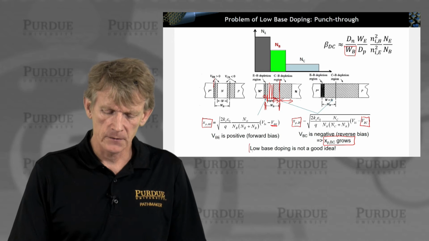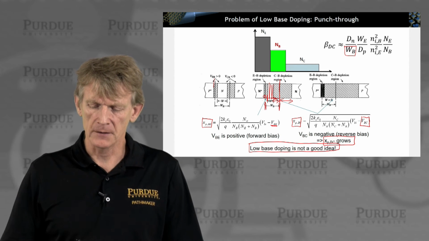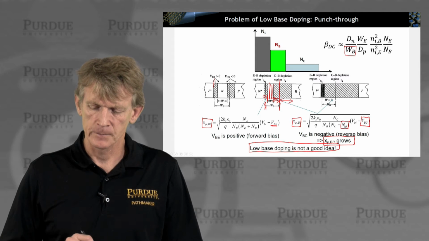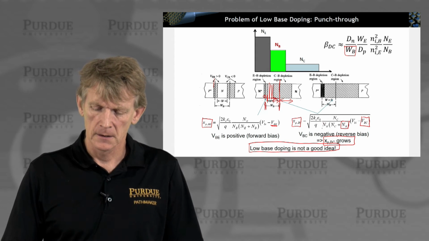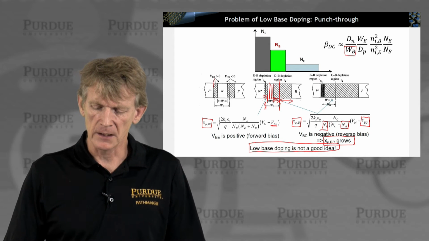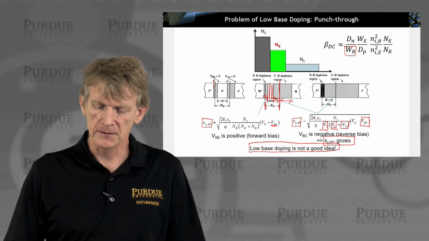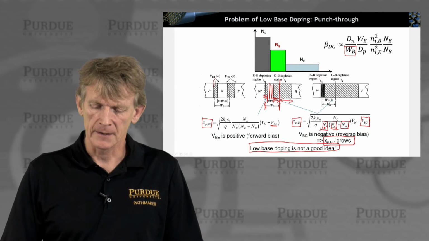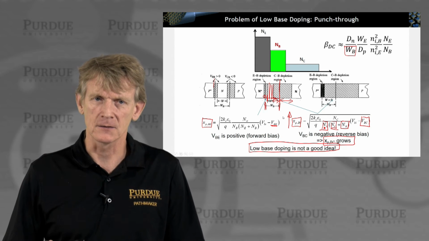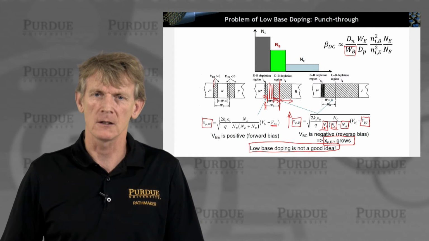So if your doping is too low in the base, let's say these guys were equal, NB and NC. Then if this gets too small here, this pushes up XP, so it advances the rate at which you make the electrical junction smaller.